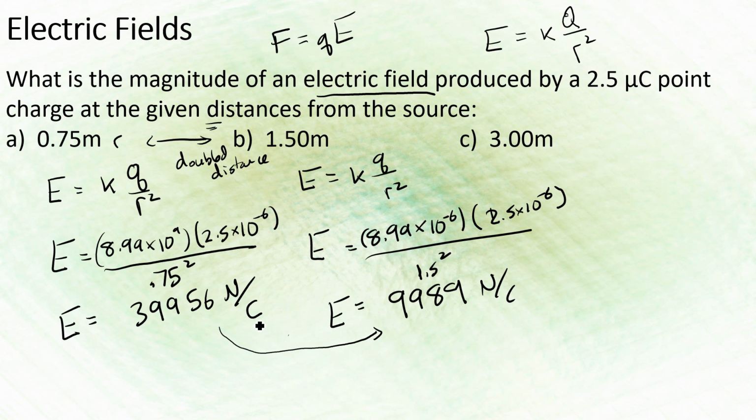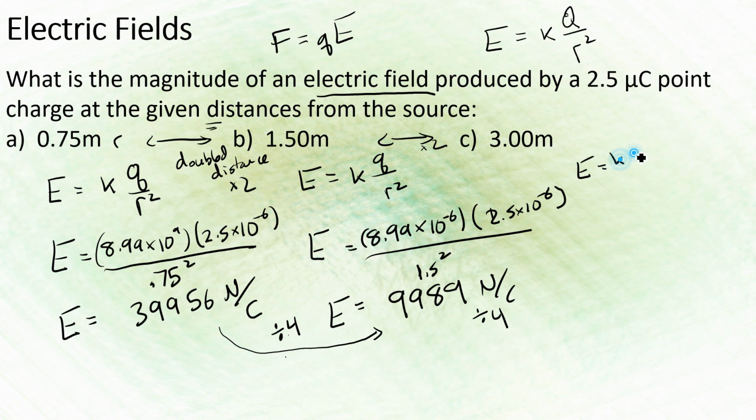And here, notice what happened to the answer: it was divided by 4. Doubled the distance, divided by 4. So what about here? This is, again, double the distance, times 2. So I think it's going to be divided by 4. Let's see what happens.